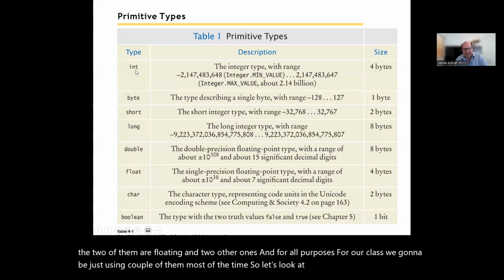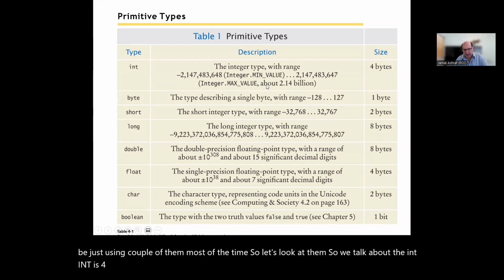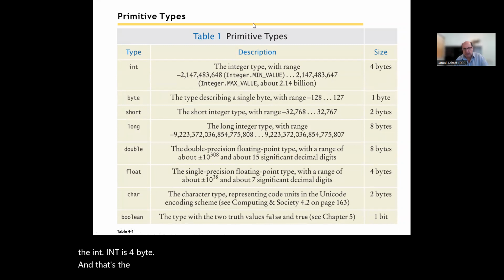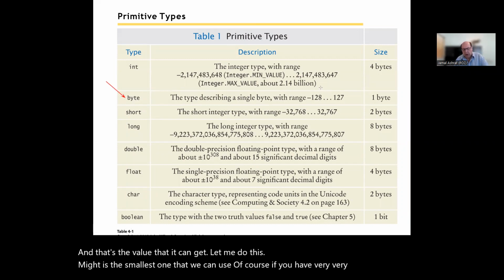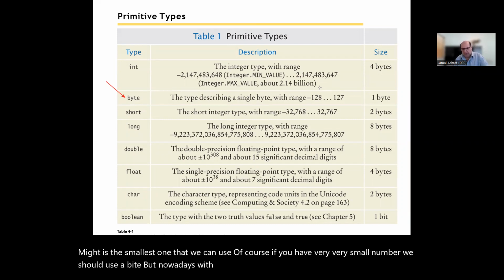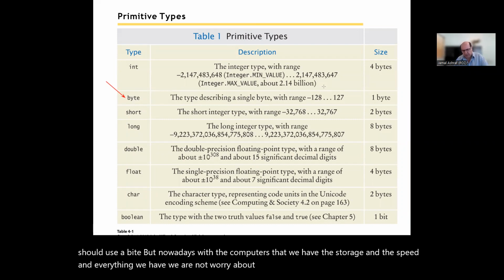So we talk about the int. Int is 4 bytes, and that's the value that it can get. Byte is the smallest one that we can use. Of course, if we have a very, very small number, we should use a byte. But nowadays, with the computers that we have, the storage and the speed, we are not worried about it that much, except when we get to small footprints.